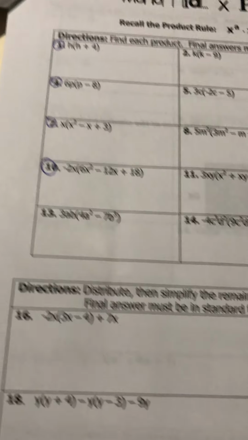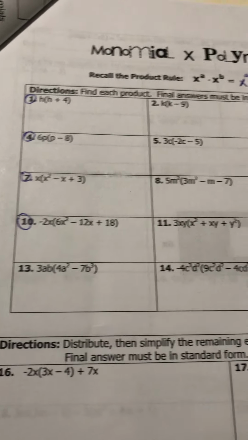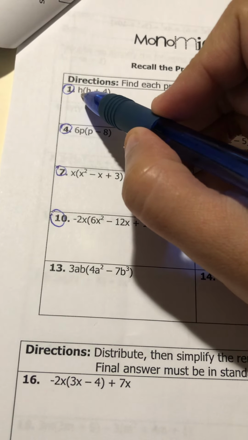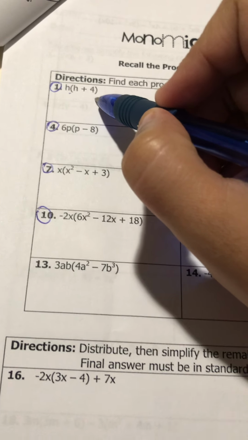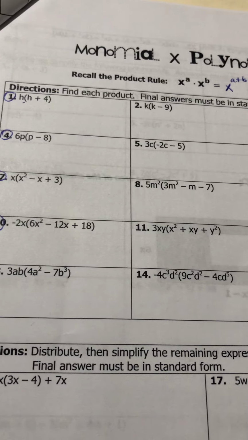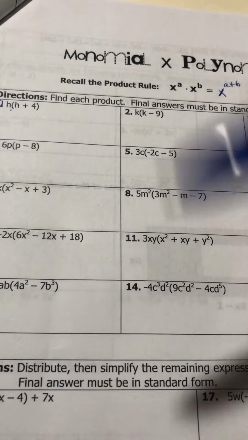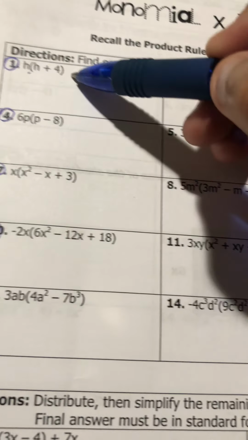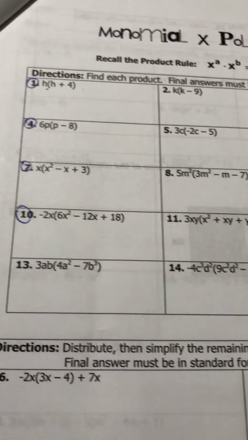Now this is going to be implemented when we multiply a monomial by a polynomial. A monomial is a single term multiplied by a polynomial, meaning an expression with two or more terms. So here it's a monomial times a binomial because there are two terms. Now how are we going to start?